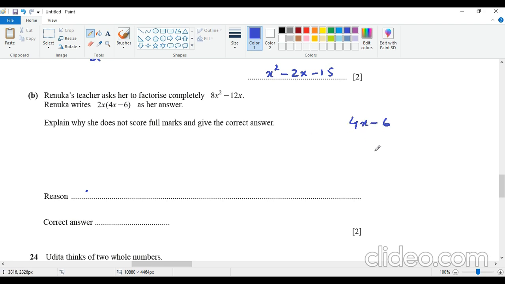And the correct answer: for 8x squared minus 12x, 4x is common, and 4x times 2x minus 4x times 3 gives us the same. So this is your final correct answer, 4x times 2x minus 3, to get 2 marks out of this question.